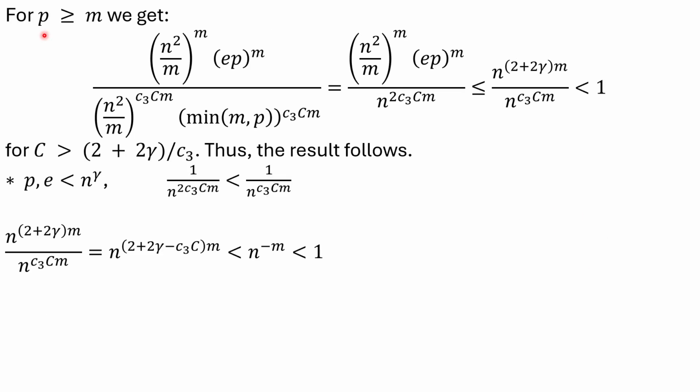For p greater than or equal to m, we get that this term, the minimum of MP, is now m, so this cancels this term. We know that p is greater than m, so this is less than, if we put m here, which cancels this term right here. We subtract the power, and we get this is less than n to the power of minus m, which is less than 1 for C greater than this number right here.